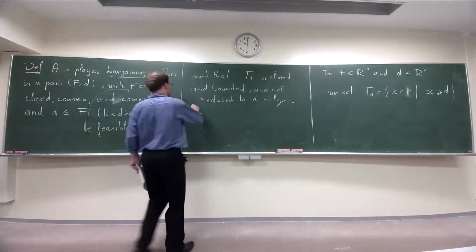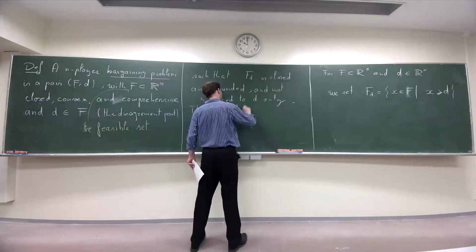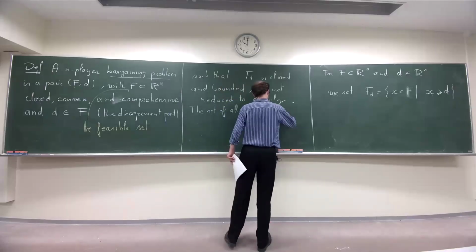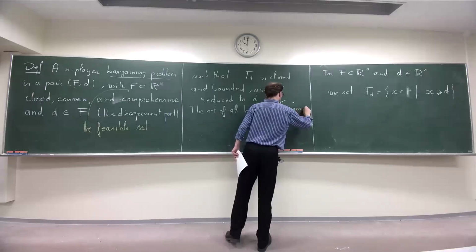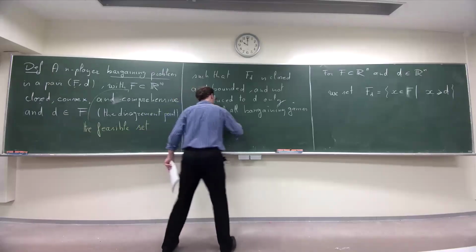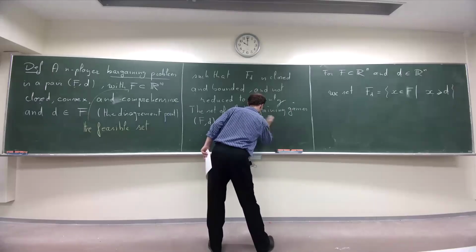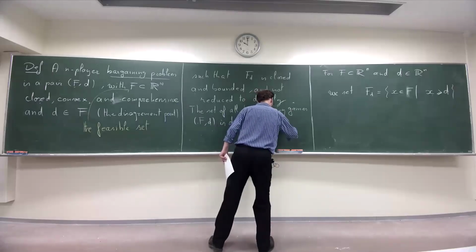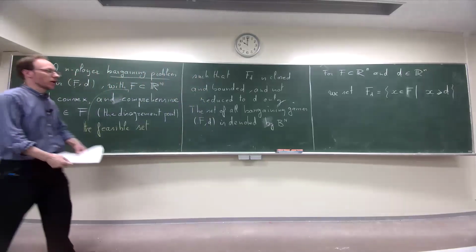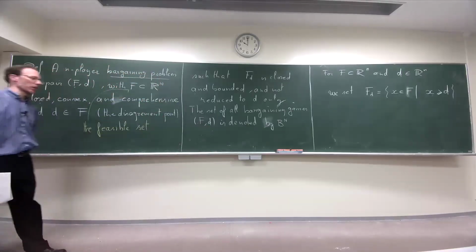And still in the definition, now the set of all bargaining games, these are (F, D), is denoted by Bn. So Bn is made of pairs (F, D) satisfying what is above.